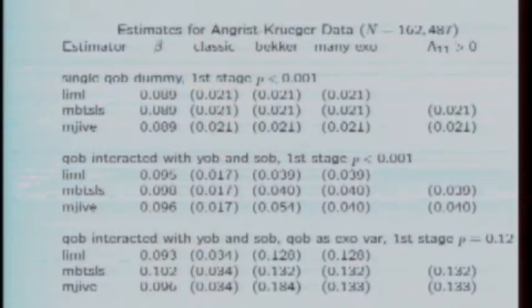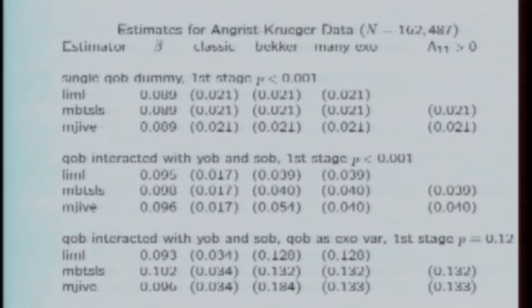They're taking into account in addition the fact that many exogenous variables doesn't change the instruments very much, allowing for the possibility there that lambda 1,1 is positive, doesn't change the standard errors very much for the bias-corrected or the JIVE estimators.